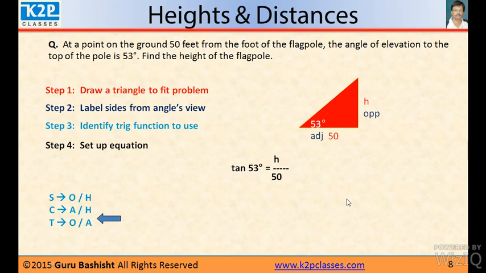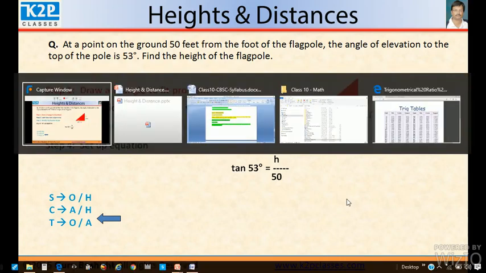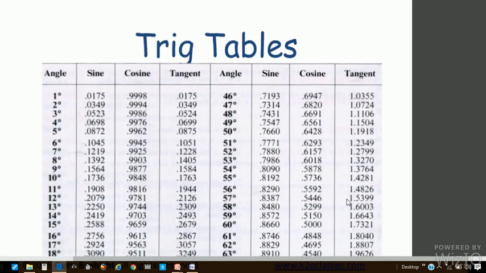Now, what is the value of tan 53 degrees? For that, you have to look at the table. In your examination, the angle may be 45 degrees, 30 degrees, 60 degrees. Then it is easy to find out because for 0, 30, 45, 60, 90, we know the values of the trigonometrical ratios. But if it is 53 degrees, we have to look at the table. So this is the table.